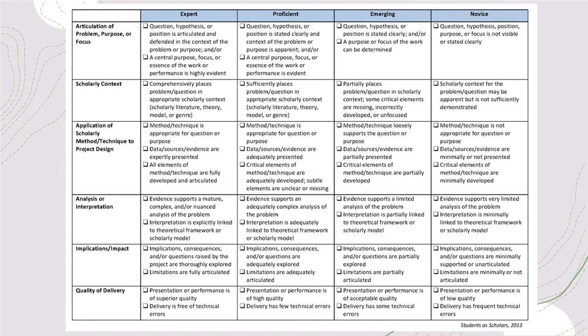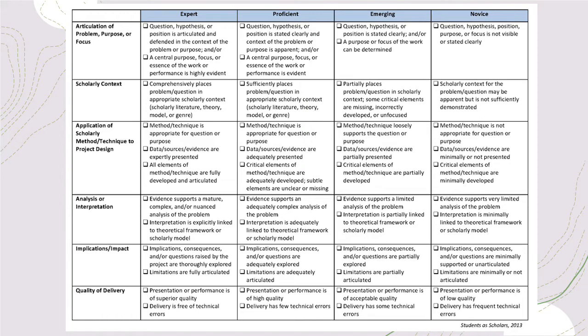In this case, we're looking at the 4th dimension down, analysis or interpretation. You'll see that at the emerging level, the product would show that the student used evidence to support a limited analysis of the problem and that their interpretation is partially linked to a theoretical framework or scholarly model.